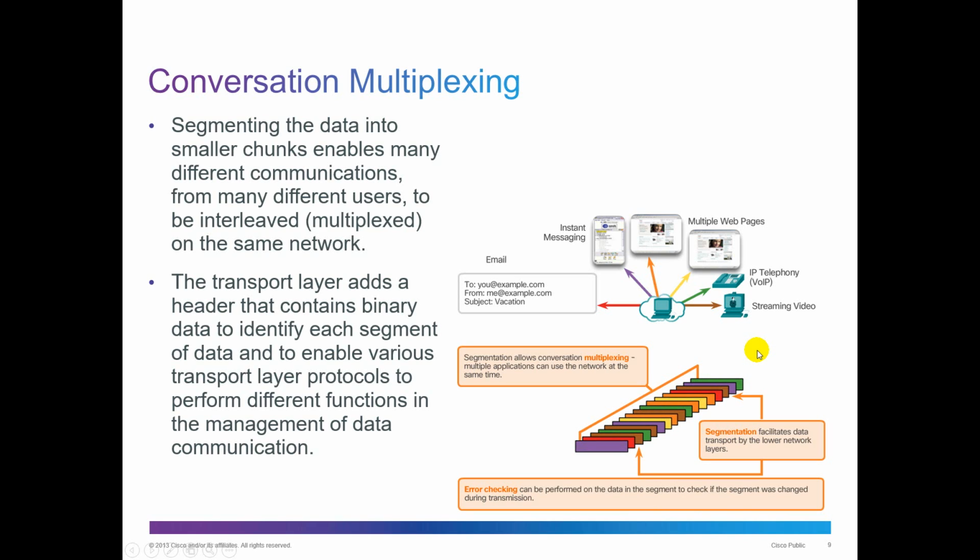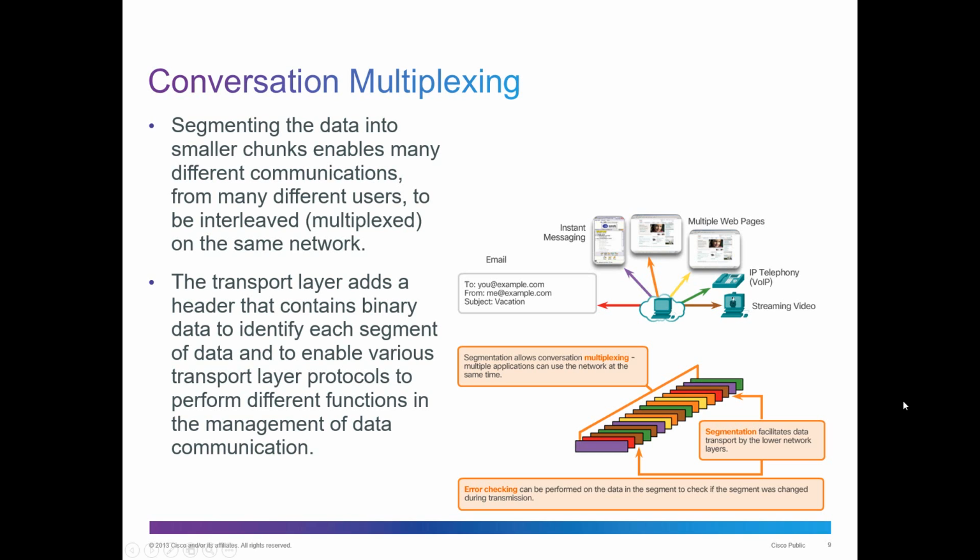The transport layer does add data to each segment in the header to identify each segment of data, and also to allow different types of protocols to be used on different data segments. We'll see some of those protocols coming up here in a few slides.